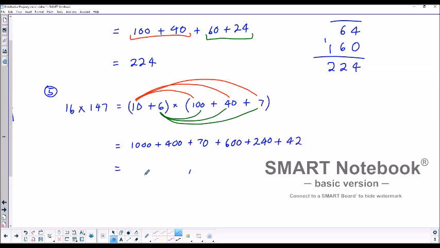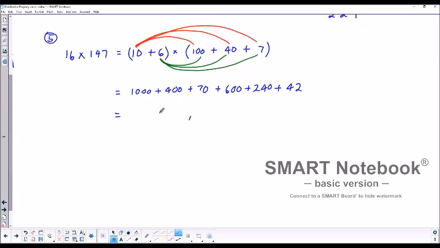Okay. Now, a lot of times what I'll do is I'll actually line these things up, instead of just writing it all out in a horizontal line. So here's the line that I might have done instead. I've got 1,000, then I've got the 400 from here, then I've got the 70.